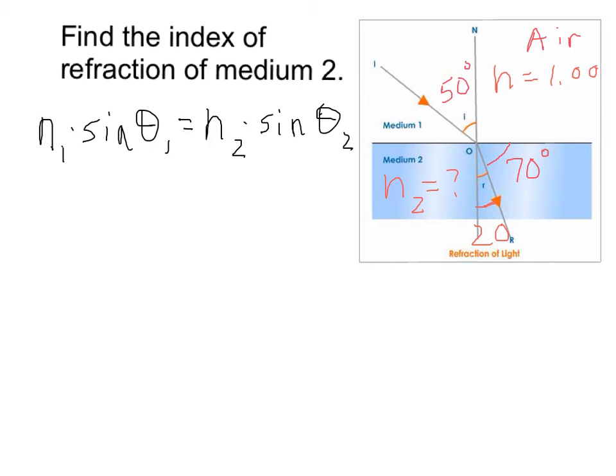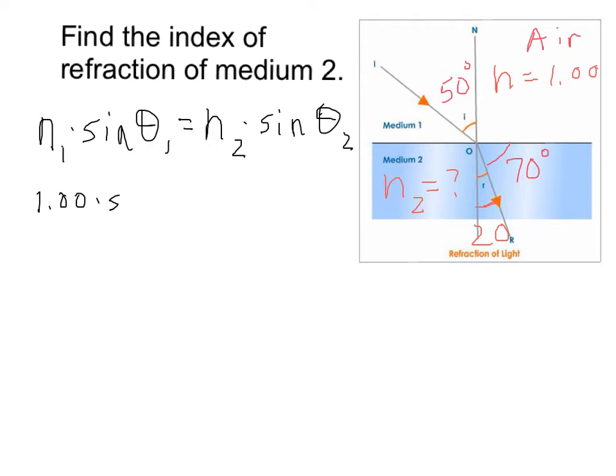So the key to this is to recognize that on one side of Snell's law equation you have an index of refraction and an angle that goes with it. So that can be either one of your two media. I'm just going to use medium number 1 for that. You've got to make sure that you get the right angle for the right medium. So because we're dealing with air, we'll use 1.00 for that.